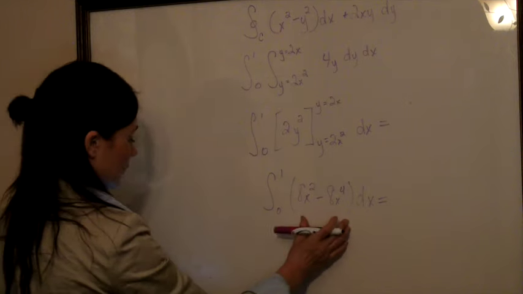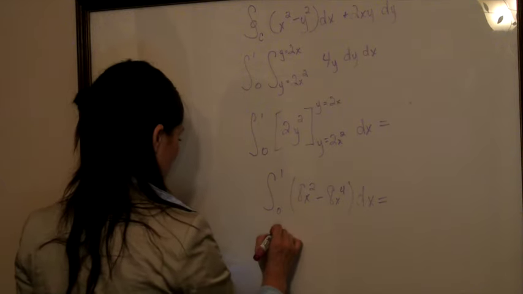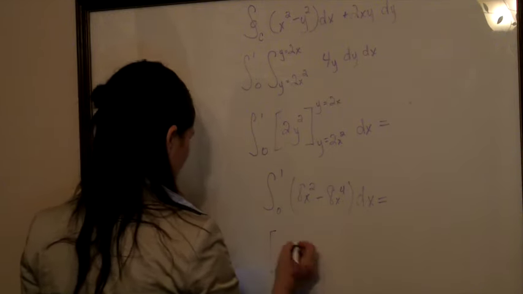When we integrate this function, we're going to get 8 over 3 x cubed minus 8 over 5 x to the 5th power.